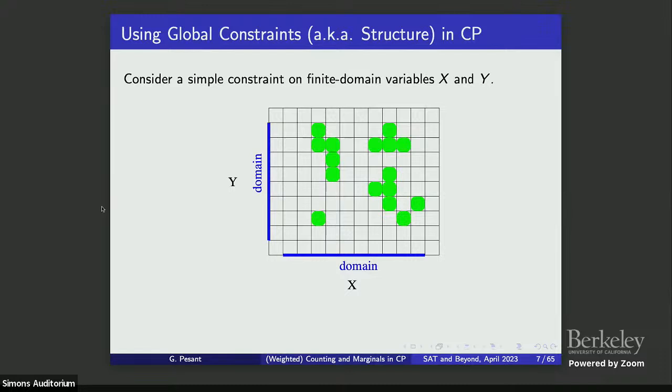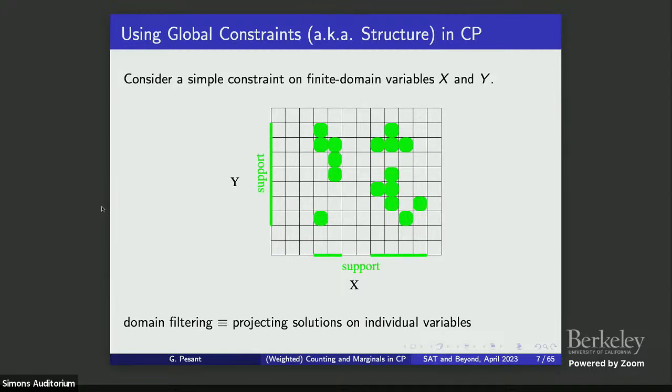So you may have an initial domain for x, that's a blue interval here, and one for y. One way to look at the domain filtering, the inference that we do, is that you're projecting these solutions along the axis, and you get the reduced green intervals here. So you get a subset saying, okay, these values are supported. The others are not. There's no solution using this value for x, so it could be filtered out.